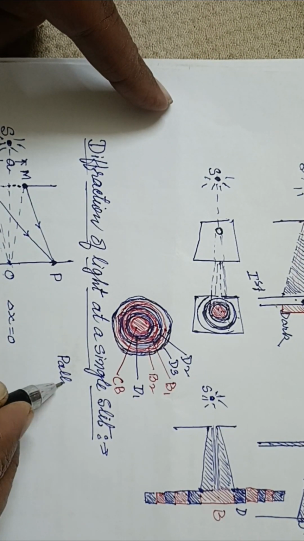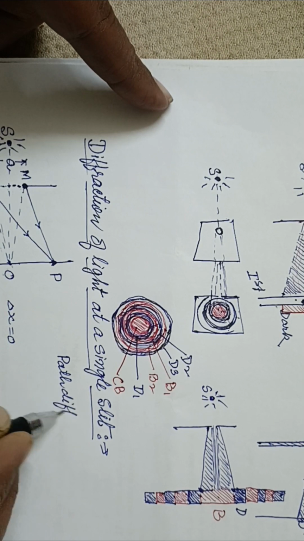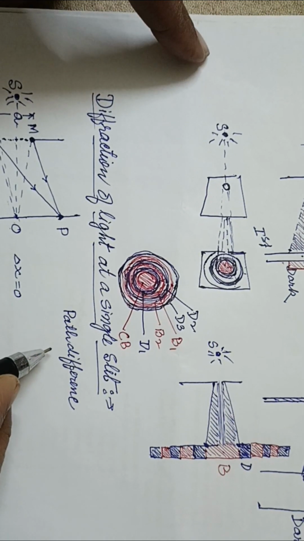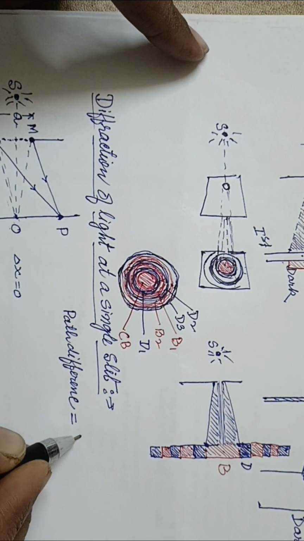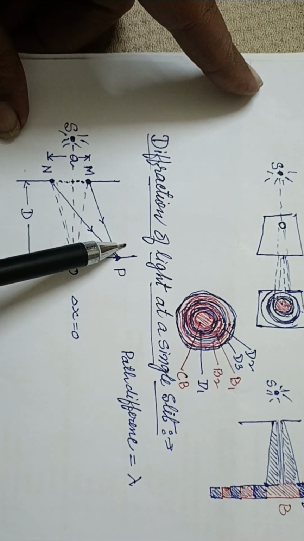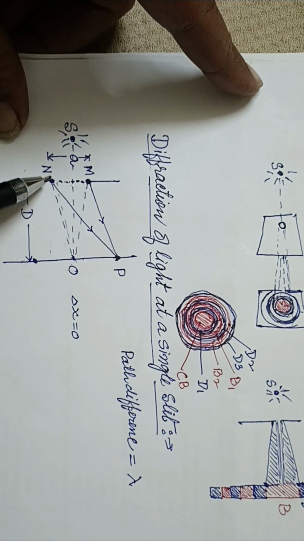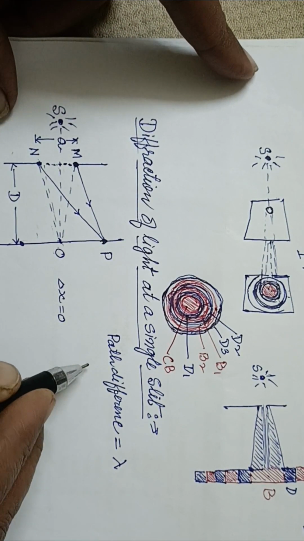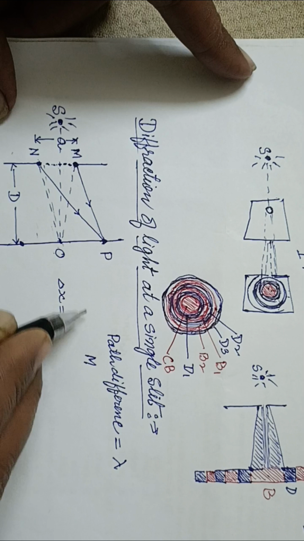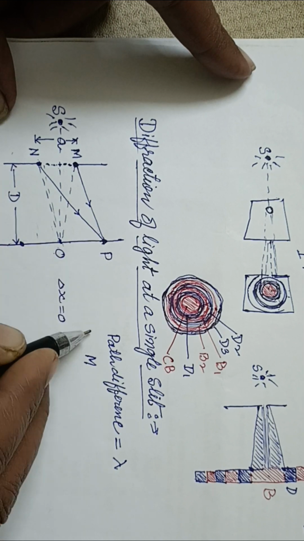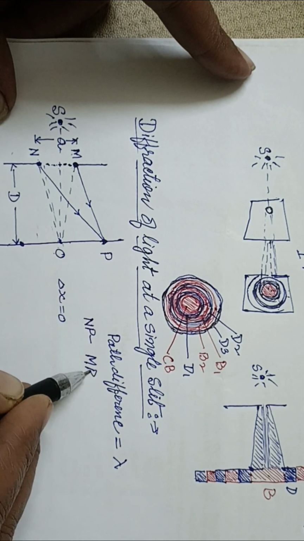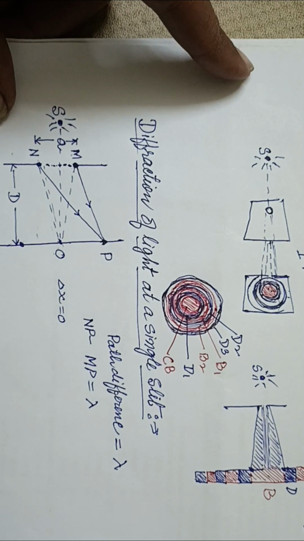Suppose this path difference is lambda. Here we have supposed that the path difference of MP and NP is lambda. Then we can write NP minus MP equals lambda.